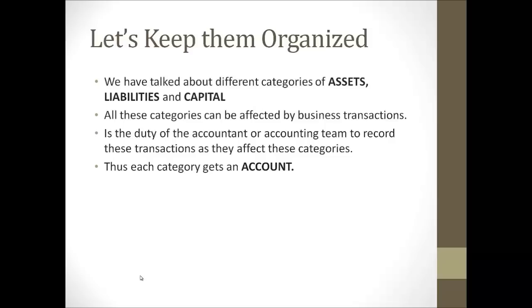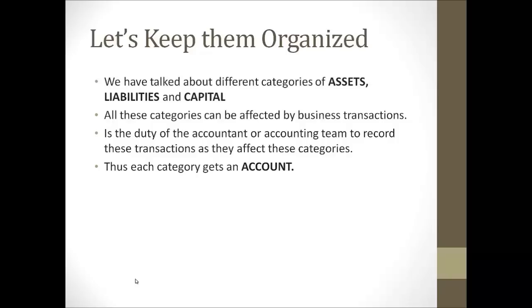So right now we have talked about different categories: assets, liabilities, and capital. And all these categories can be affected by business transactions. It is the duty of the accountant or the accounting team to record these transactions as they affect these categories. And because of that, each one of these receives an account.